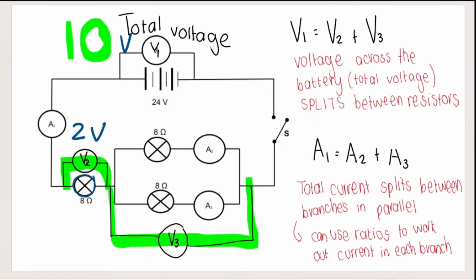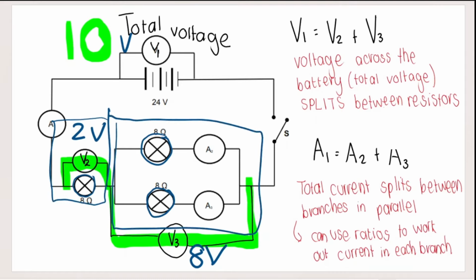Then 8 volts will go to the resistors in parallel. That means this one will get 8 volts, and this one will get 8 volts. Basically the total voltage splits between this piece of the circuit and this piece of the circuit. The parallel stuff functions as one piece of the circuit. So V2 plus V3 will give me V1.